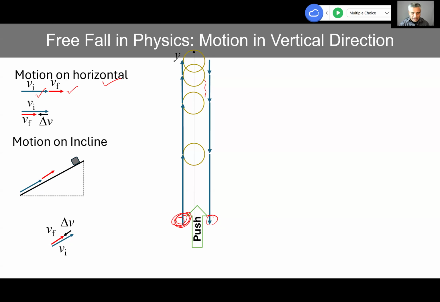If the final velocity is smaller than the initial velocity, then you line up tails together, and delta V is drawn from the tip of the initial to the tip of the final. So that's why it is backward. See? It's backward. And it can be an object on the slide.